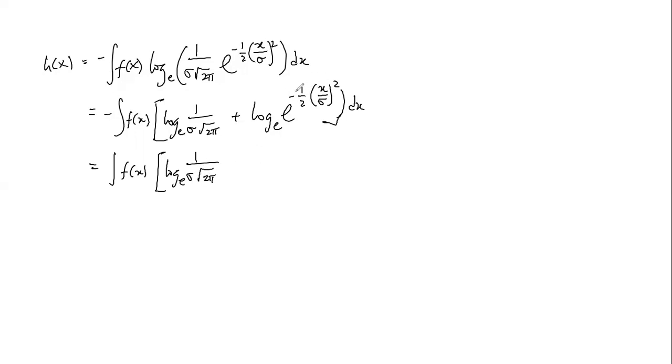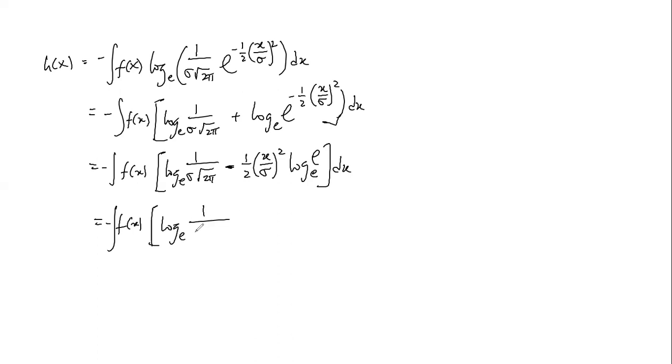Because it is log to base e this time, by the rule of natural logarithm again, the power comes down, so this becomes minus 1 over 2 x squared over sigma squared times log e base e, and this is going to reduce to 1, so dx. So from this we have negative f of x log to base e 1 over sigma square root of 2 pi minus 1 over 2 x squared over sigma squared dx.